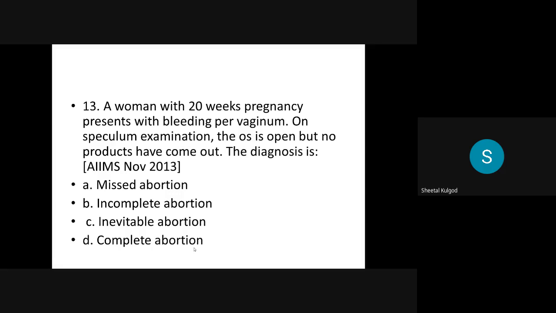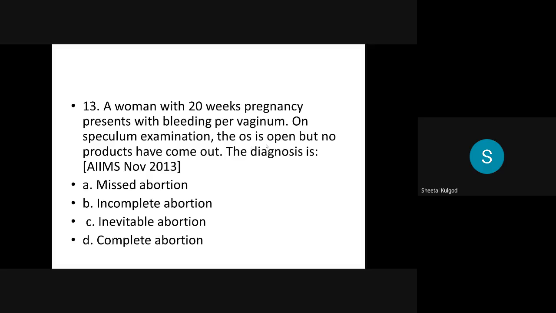See, remember the important thing, signs of abortion. One is there is a bleeding per vaginum, so it shows that she is in one form of abortion or the other. Remember that chart where I described the different kinds of clinical abortions and how you identify them.